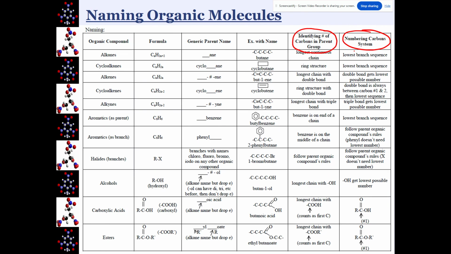The things that take priority in numbering, again, are double bonds and triple bonds, the hydroxyl functional group, and then when you have a carboxyl and ester, those have to be number 1. Otherwise, you follow the lowest branch sequence for the other compounds.